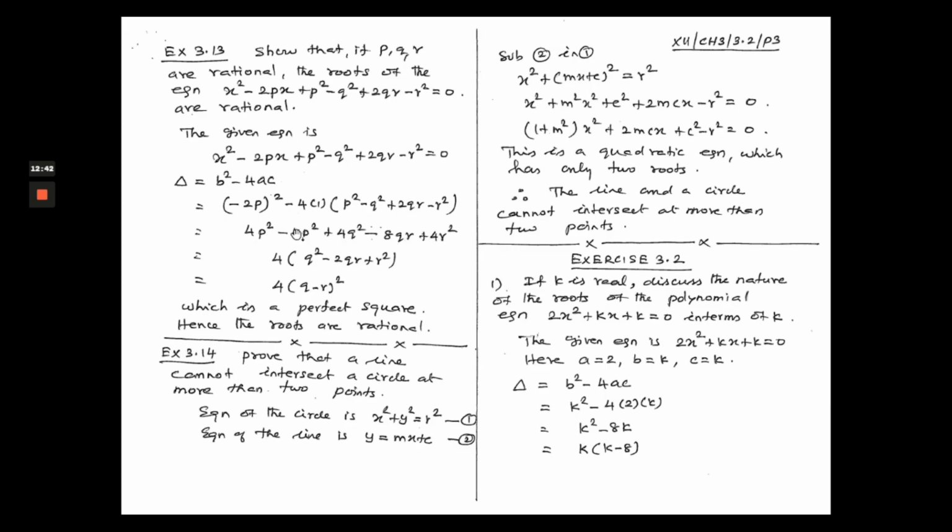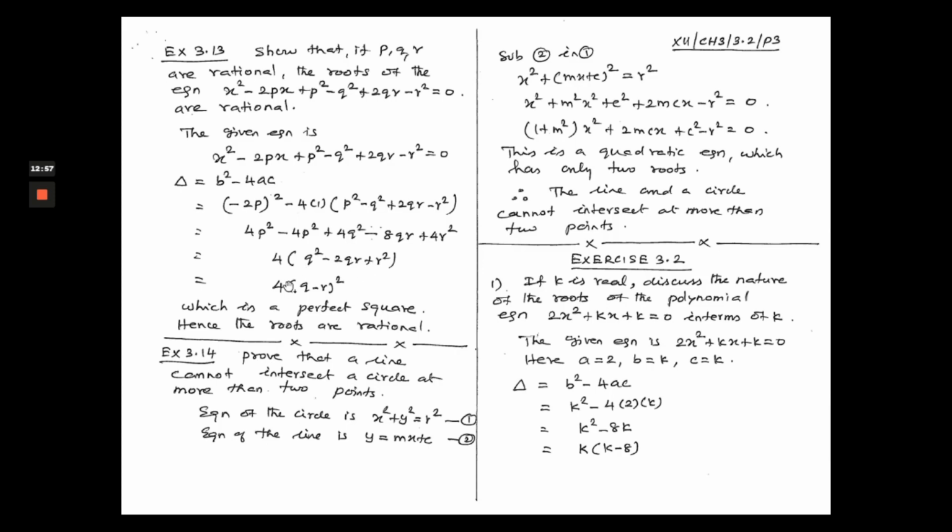So this 4p squared cancels. Take 4 outside: q squared minus 2qr plus r squared. So this is the a minus b whole squared formula, q minus r whole squared.